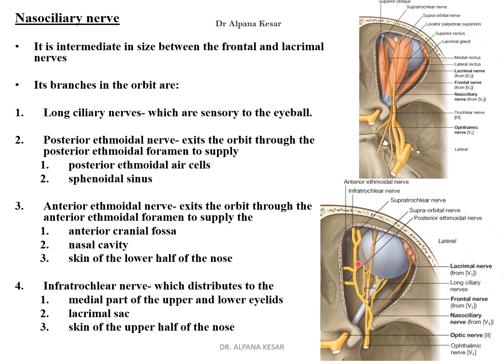Anterior ethmoidal nerve exits the orbital cavity by passing through the anterior ethmoidal foramen and supplies the anterior cranial fossa, nasal cavity, and skin of the lower half of the nose. Infratrochlear nerve distributes to the medial part of the upper and lower eyelids, lacrimal sac, and skin of the upper half of the nose.